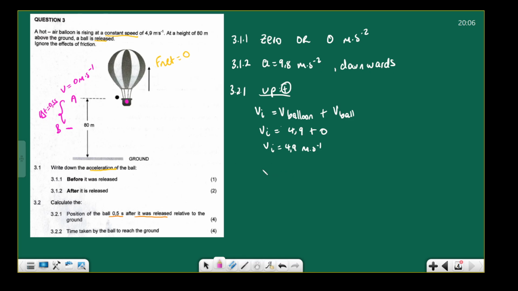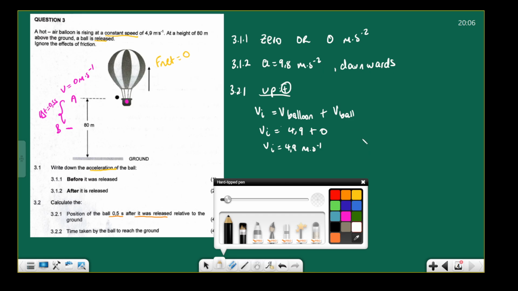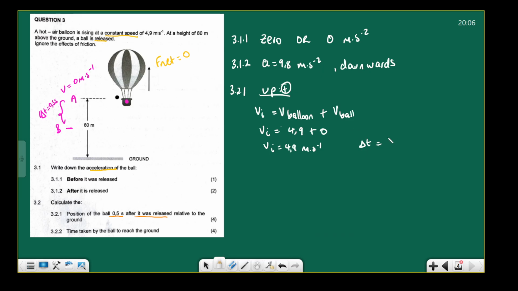That's what we are looking at. So the time I'm taking is 0,5 seconds. We know the acceleration is 9,8 meters per second squared, but we're going to put it as negative, remember, because up is positive.